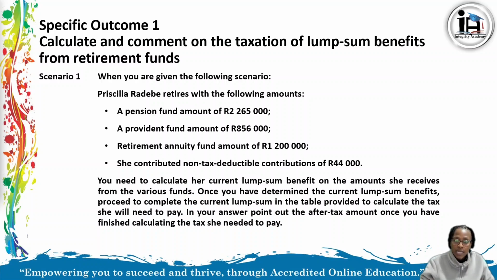You need to calculate her current lump sum benefits on the amount she receives from the various funds. Once you have determined the current lump sum benefits, proceed to complete the current lump sum in the table provided to calculate the tax she will need to pay. In your answer, point out the after-tax amount once you have finished calculating the tax she needed to pay.